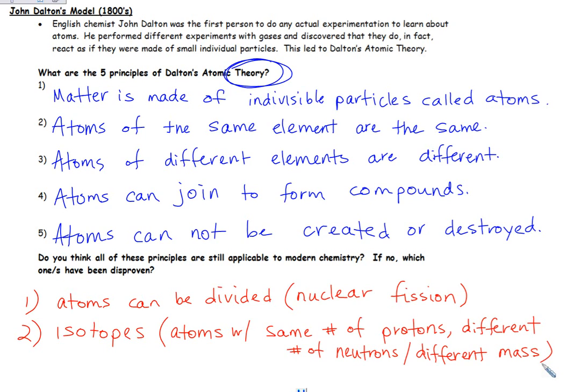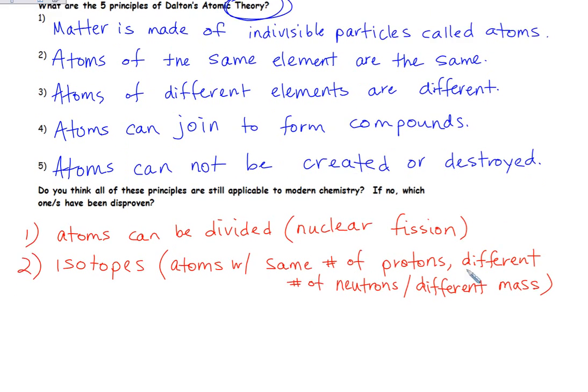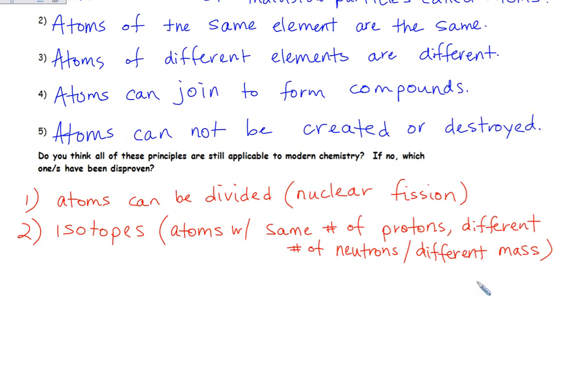For example, there are different forms of carbon. You can have carbon with a mass of 12. If I look on the periodic table, carbon's mass is really close to 12. So there's something called carbon-12, and that's the most common form of carbon, like charcoal and all that good stuff.